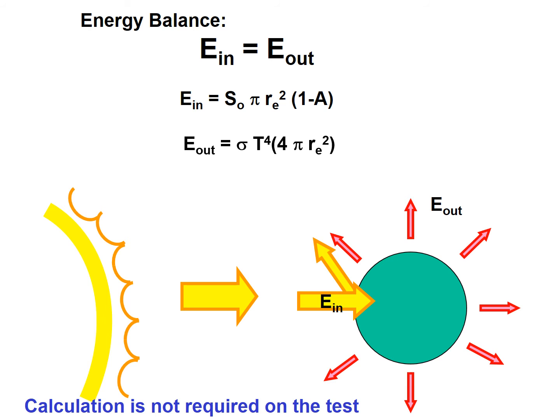Wow, now we got E in, we got E out. All numbers we know, only one is unknown. What is unknown? Temperature. How to find it? By the equation. One equation, one unknown. That's perfect. We can solve.